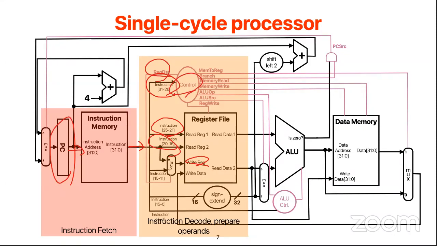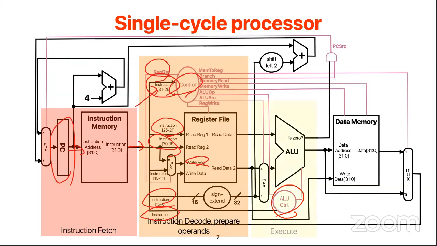Which value to choose depends on the control signal sent out from the control unit, and the control unit is able to tell if this is an R-type or I-type from the opcode of the instruction. We also have the immediate field that will be extended from 16 bits to 32 bits. The last 6 bits will also be used as the supplementary ALU code for arithmetic instructions, to know the corresponding ALU operation.